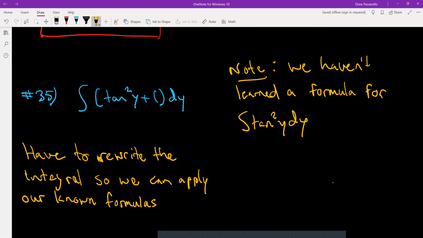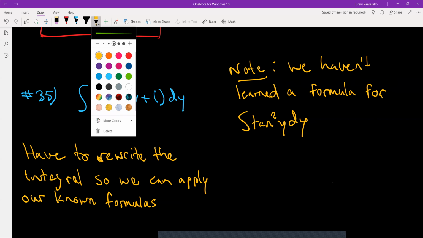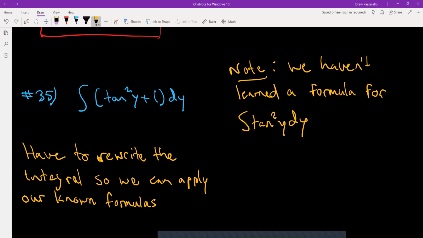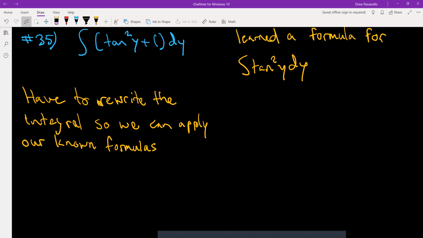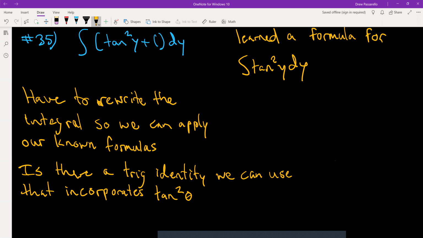At this stage, I'll try to see, is there a trig identity or trig formula that I can use that incorporates tangent squared? That's where you could go on Blackboard. In Blackboard, you'll see a document where I have all of the trig identities and trig rules.